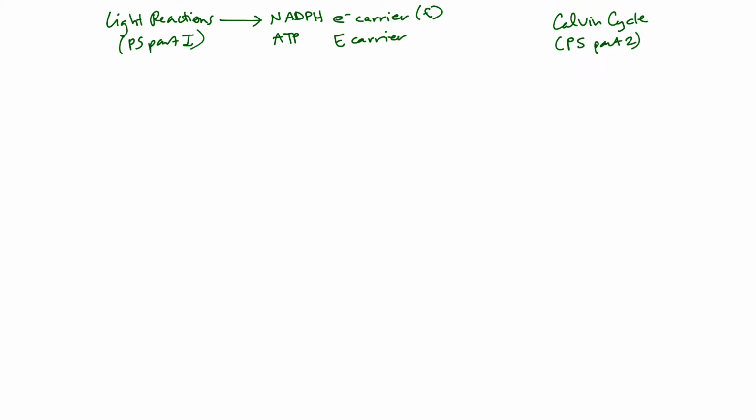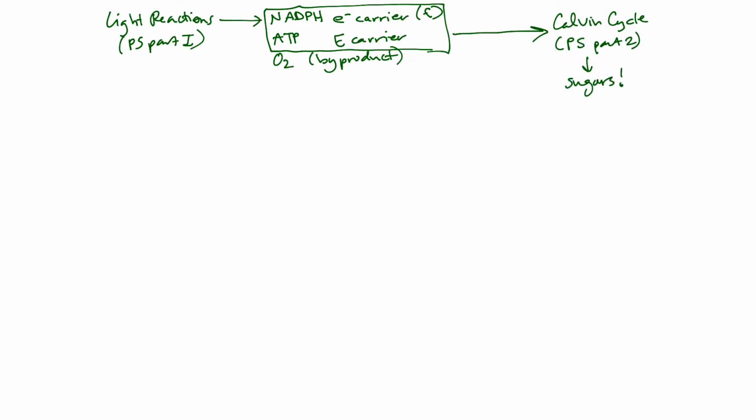And just as a reminder, oxygen is also produced here as a byproduct, and that is what we breathe in the air every day. We're going to use the NADPH and the ATP produced in the light reactions in the Calvin cycle to help produce sugars. So let's talk about the Calvin cycle.